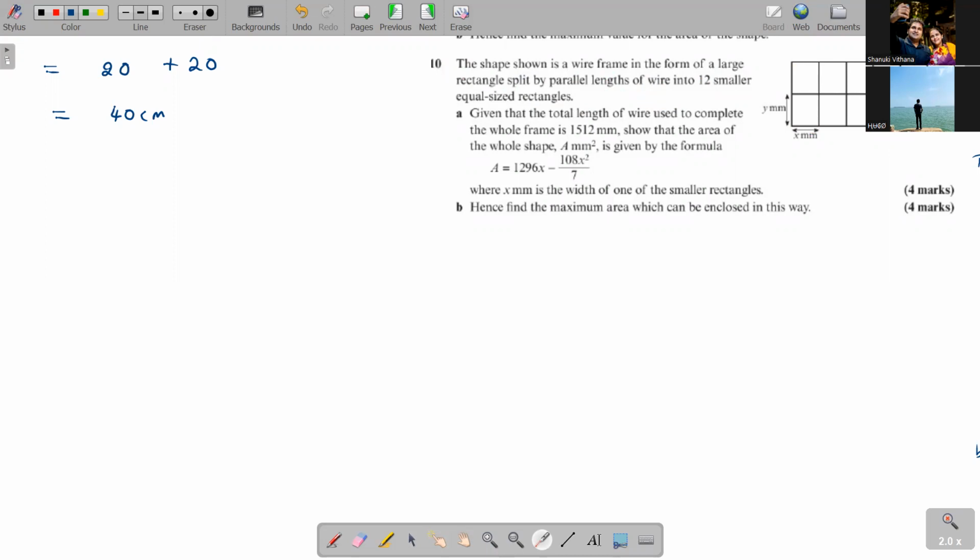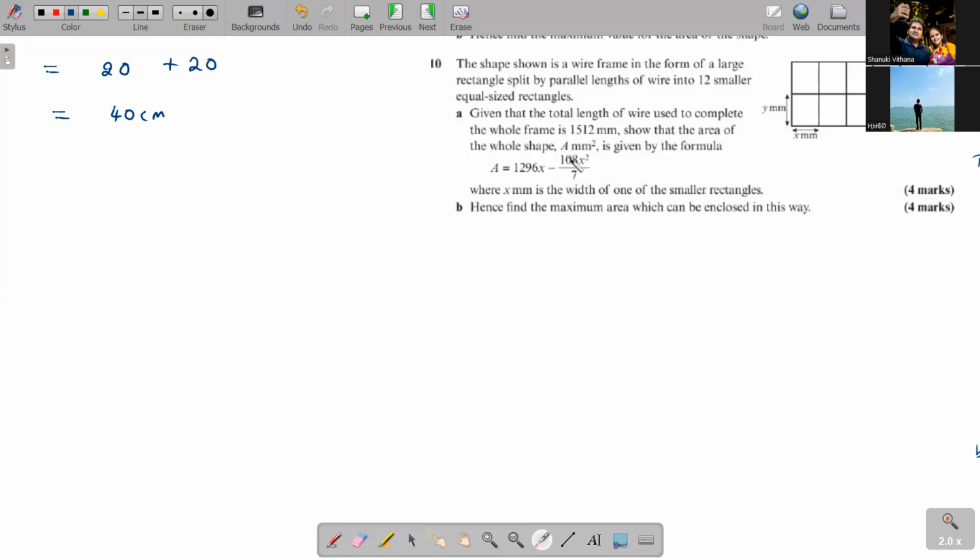They are saying, given that the total length of the wire used to complete the whole frame is 1512 millimeters. This is all given in millimeters, so we don't need to worry. Show that the area of the whole shape is given by this particular formula.